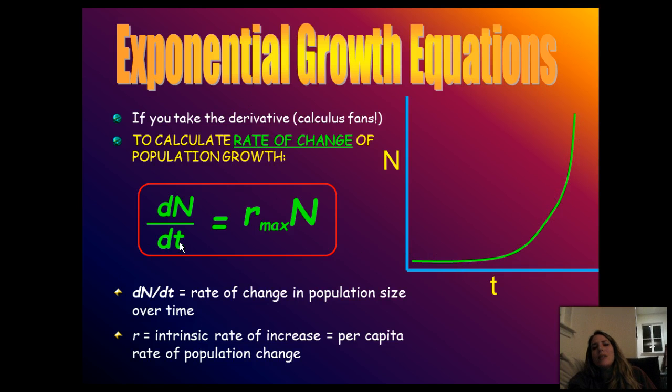So all of this is derived from calculus. Don't worry about it unless you're interested in it, but just understand that exponential growth is based on this formula, and that what you're looking at is how your population is changing through time when resources are unlimited.